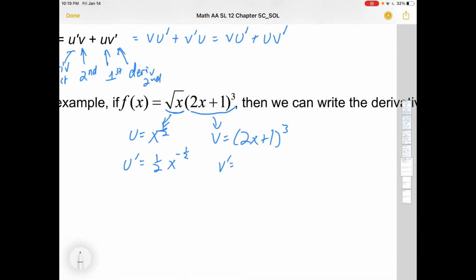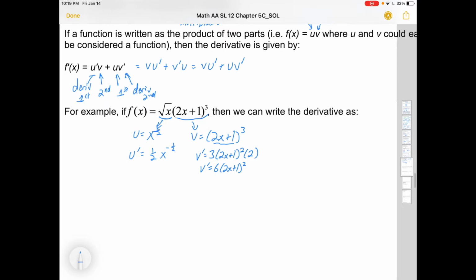V prime. This one here, there is a chain rule at play, because it's not just x cubed, it's a glob cubed. So you got to go 3 times that glob squared times the derivative of the glob, which would be the derivative of 2x plus 1 is just 2. So let me clean that up. That would be 6 times 2x plus 1 all squared.